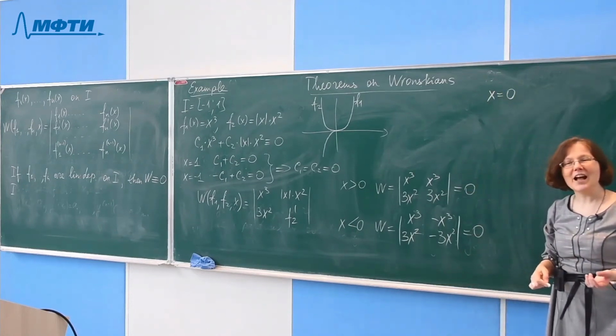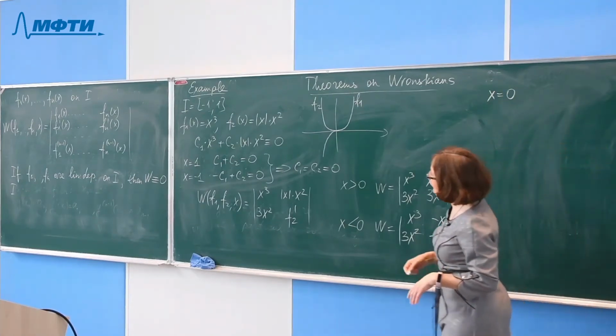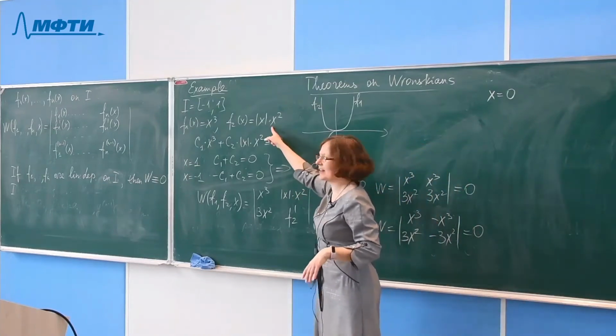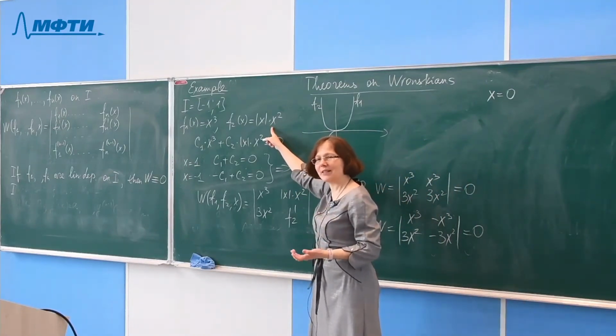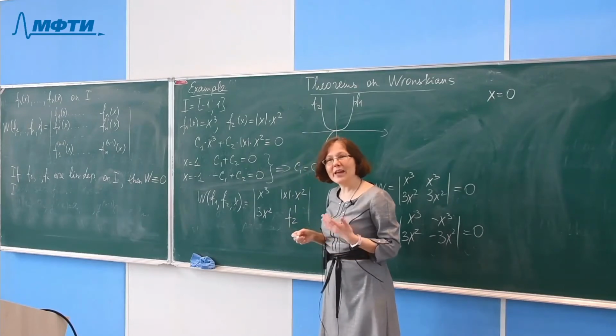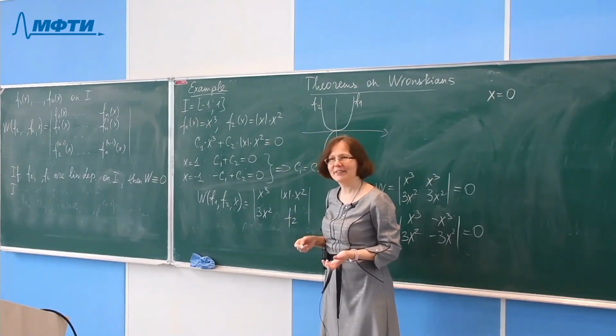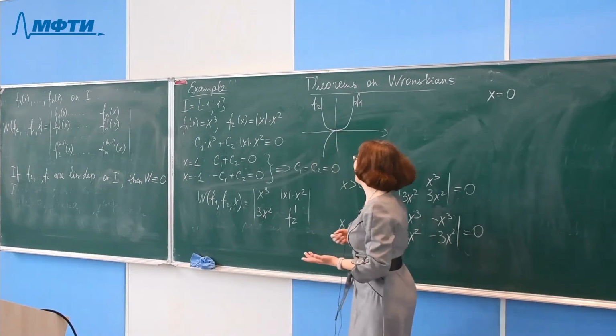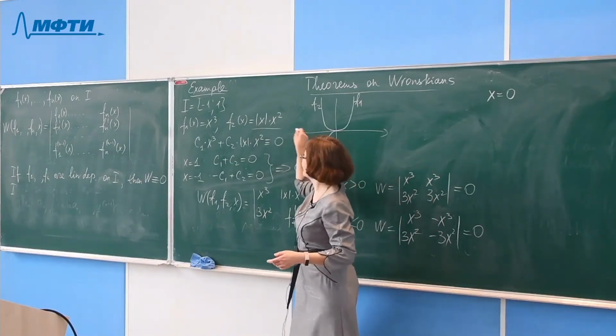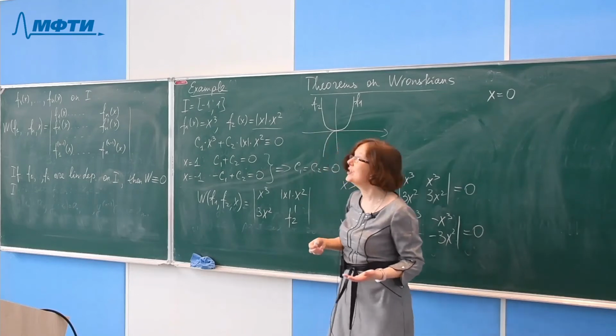Not differentiable? So can we differentiate this function at the point x equals 0? We can do it using the definition of the derivative. Let's find the derivative of this function f2 using the definition.